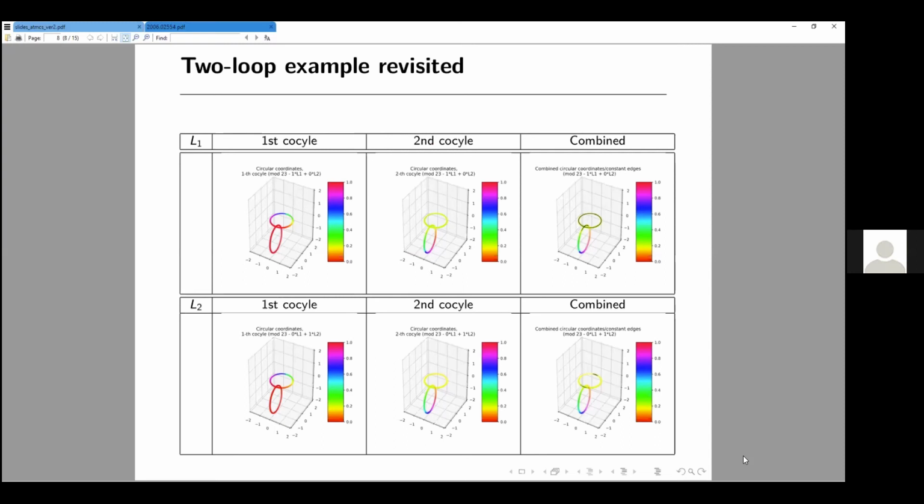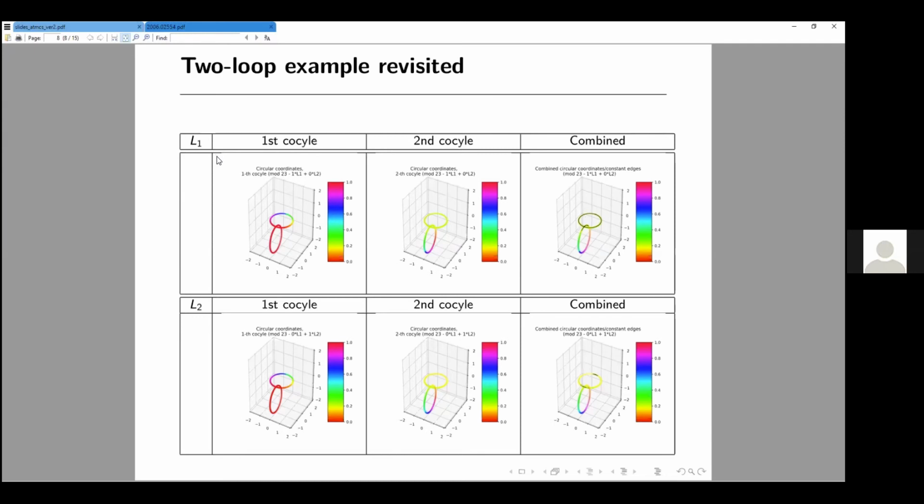And then we show the constant edges in the last columns, which means that there are not many changes of the circular coordinate values where the constant edges appear. From the results we apply on the 2-loop example, we can see that there are more constant edges, which means that there are fewer changes in coordinate values under the L1 penalty.